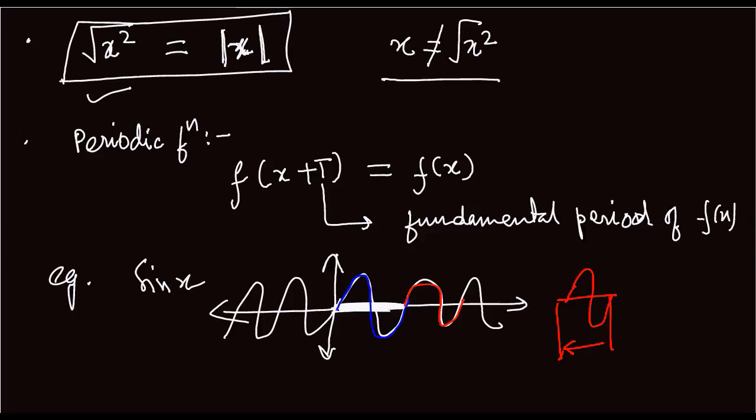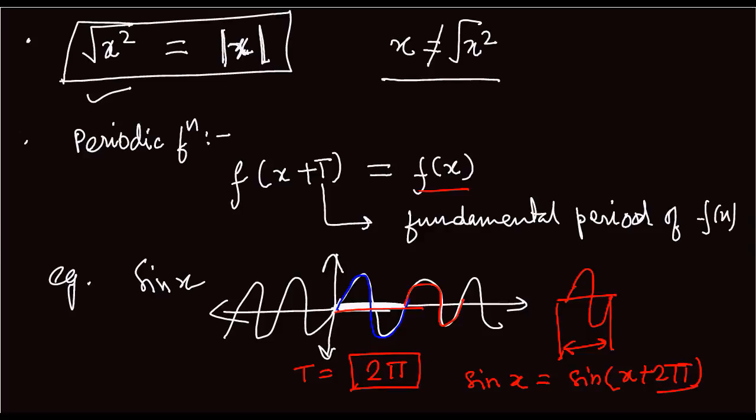So this will be the period of sin x, which is 2 pi. After every 2 pi, sin of x plus 2 pi will be equal to sin of x. Here T is the period, and 2 pi can be related to this T. f of x plus T is equal to sin x, f of x.